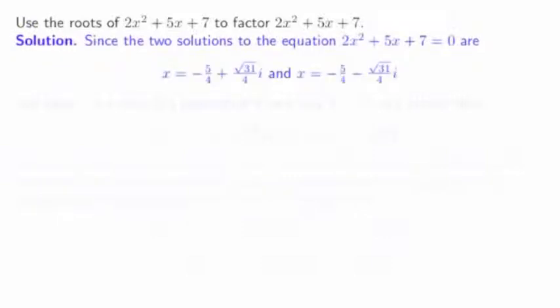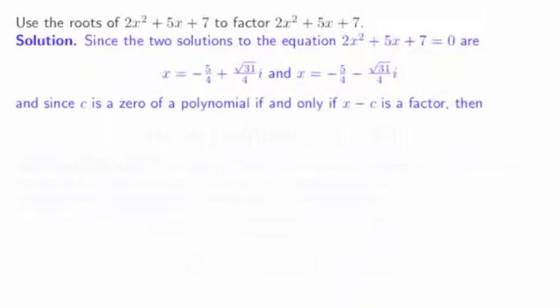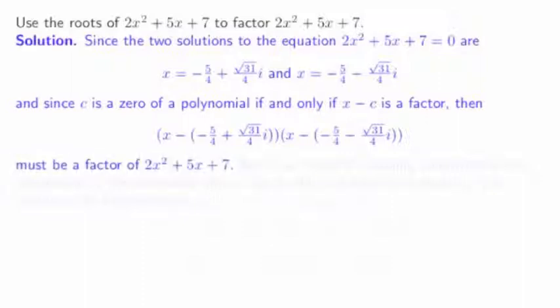If I want to factor this polynomial using these solutions, then I notice that since I have these two zeros, whenever c is a zero, then x minus c is a factor. So I can rewrite the expression as x minus this first complex number times x minus the second complex number. And these must be factors of 2x squared plus 5x plus 7.